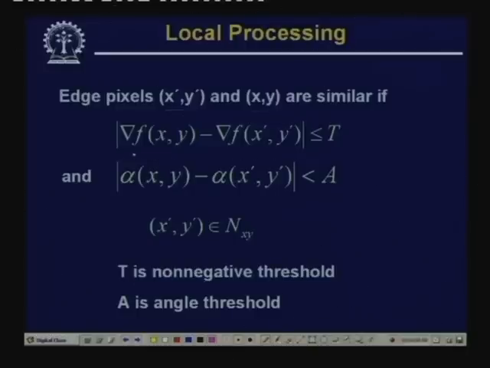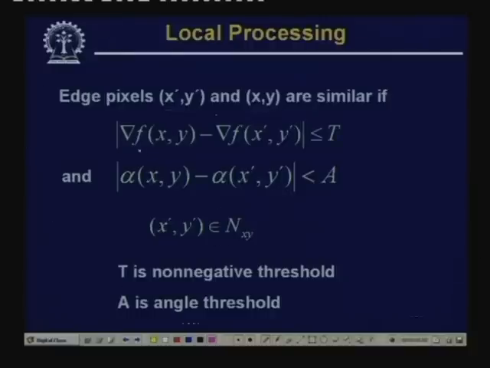We know that this gradient operator, f x y is the image function, and f x y gives the intensity value at location x y in the image, and grad f x y gives you the gradient of the intensity value at location x y.